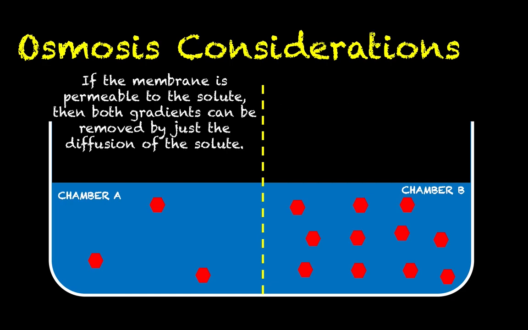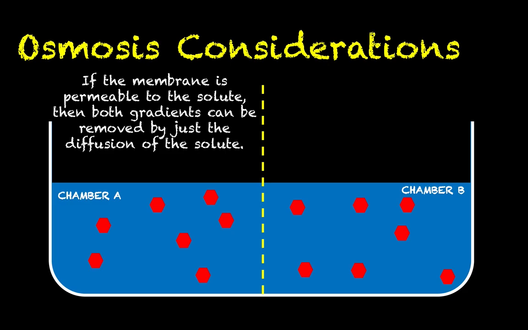So the idea here is that if the membrane is permeable to glucose in this case, then both the glucose and the water gradients can be addressed just by diffusion of the solute. So if we allow the glucose to move across the membrane here until we reach equilibrium, now at equilibrium, there is no concentration gradient for glucose, and there is no concentration gradient for water.